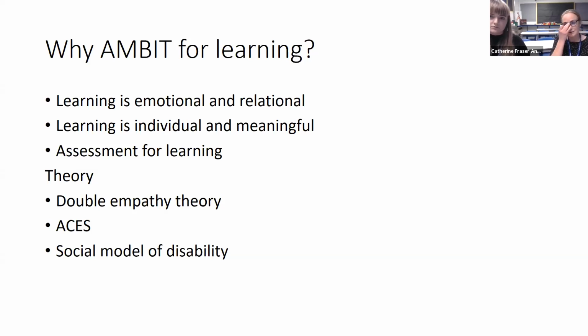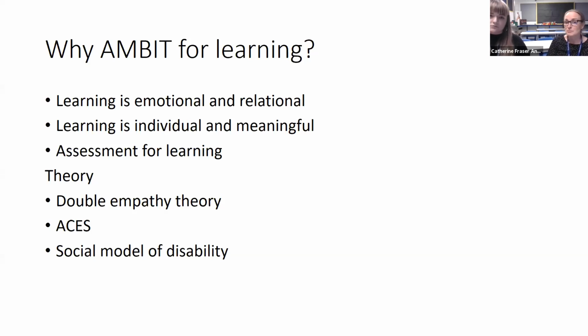The other reason we like AMBIT for learning is that learning should be individual and it should be meaningful. That starts with the young people having a mentalizing experience of themselves as learners, of what's meaningful to them, of the way that they learn best, of where they want to get to and what they'll need to get there.